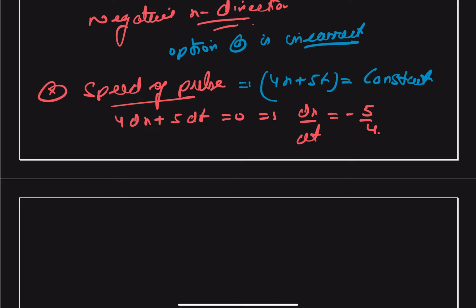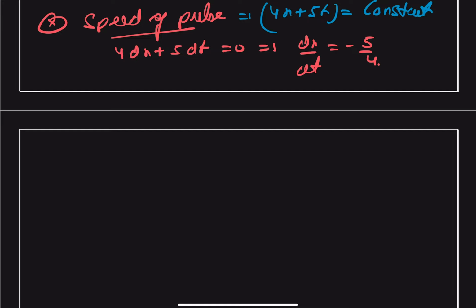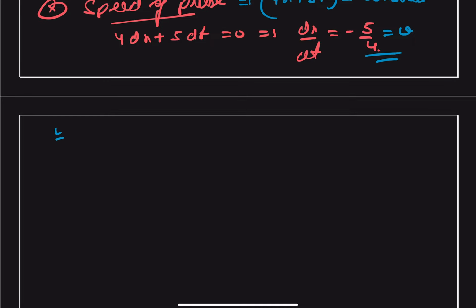If you consider only the magnitude, because dx by dt is our velocity v, the magnitude of speed comes as 1.25 meters per second.